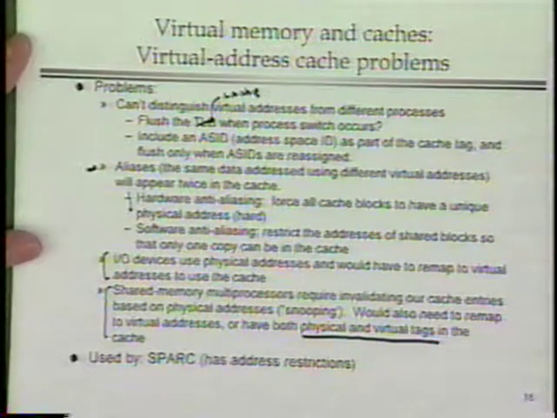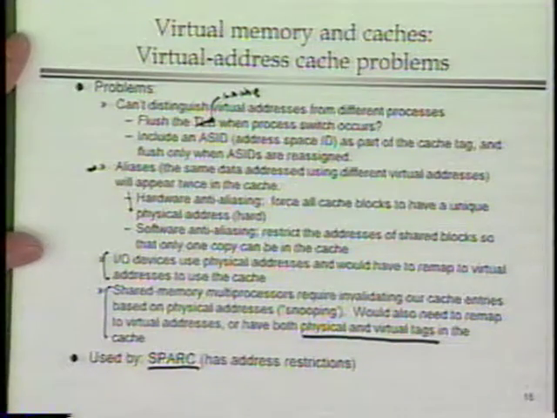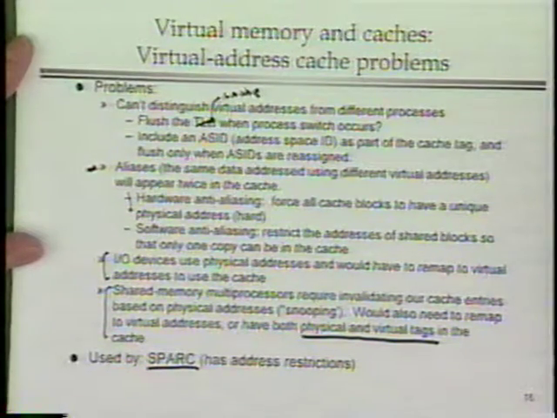People tend not to use virtual address caches these days. The original Sparcs did, and they got around some of these problems by various address restrictions in the virtual address space and the physical address space. I'm not sure whether current Sparc implementations use virtual address caches still or not. But there's another technique.